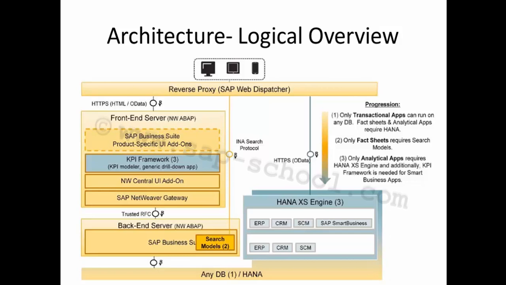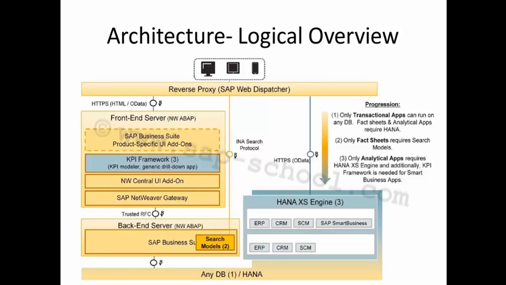That is, first of all we have the web dispatcher, then the front-end server, then the backend server, then we have the NEDB or HANA. So why do we say NEDB or HANA? Because NEDB can be used for the transactional apps, that is, only the transactional apps can run on NEDB. Fact sheets and analytical apps will require SAP HANA.